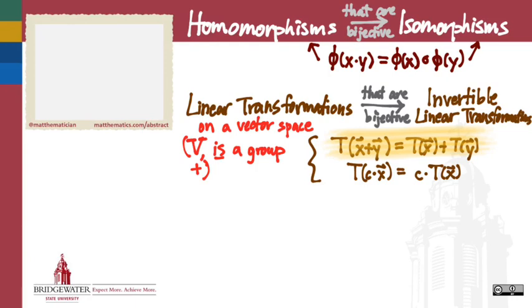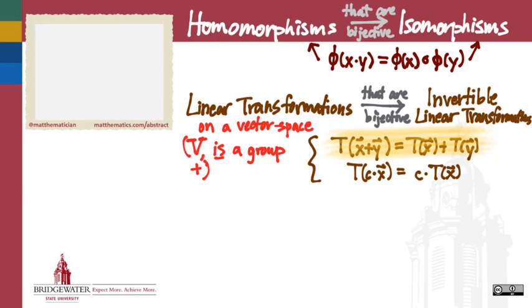Not only a group, an abelian group, because addition of vectors also has the commutative property. And this statement here, that the functions we care about on vector spaces are those that respect the addition operation, addition on the inside, addition on the outside, those are the functions we cared about in linear algebra, the linear transformations. And so the same thing is true in abstract algebra. The only functions that we care about in group theory are those functions that respect the operation of groups, namely they have to satisfy that the function applied to a product, quote unquote, is the product of the images of those two elements.